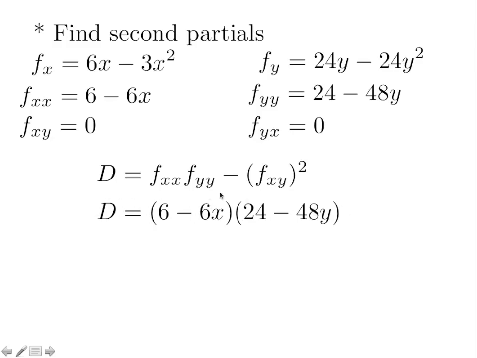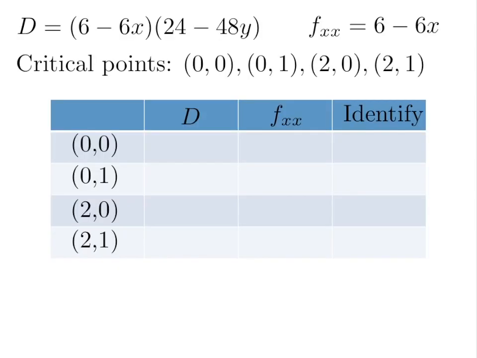So this is the determinant, and we're going to use it to help classify the critical points that we found earlier. In addition to that, sometimes we need fxx, so we're going to include fxx in this discussion. Now let's take a look in more detail at each critical point and how the determinant and fxx help classify it.